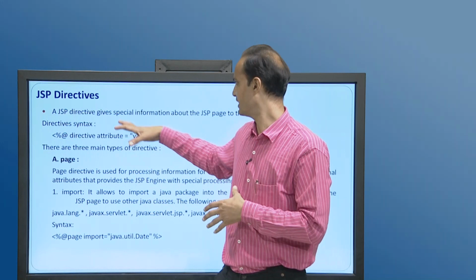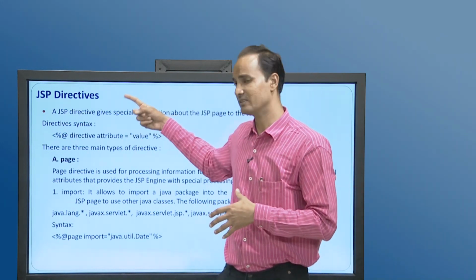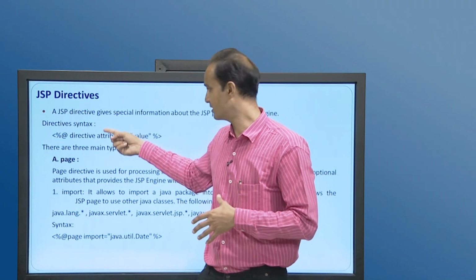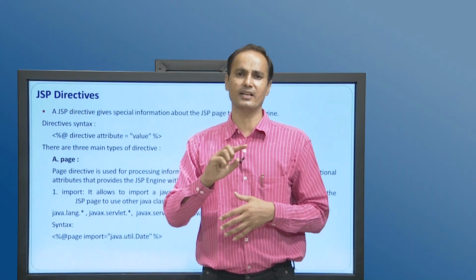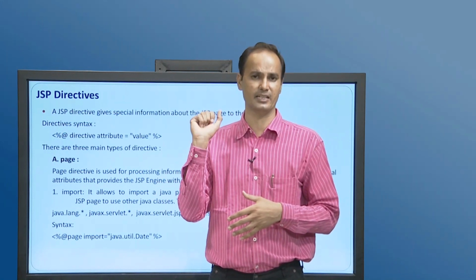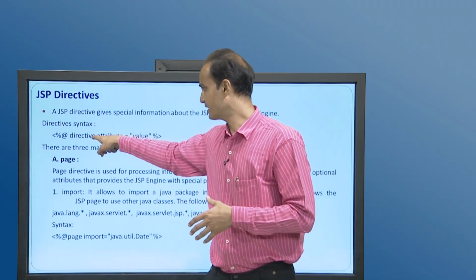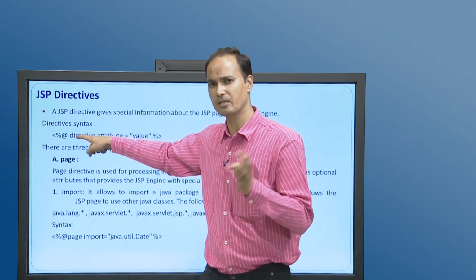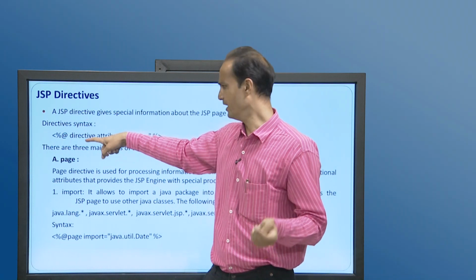Generally, the page directive gives special information about the JSP page. The signature of a page directive is written like this: less than percentage and an @ sign, and the @ sign indicates that you are going to use JSP directives. Then comes the directive name, which may be either page, taglib or include.